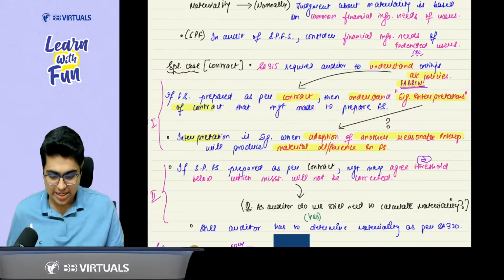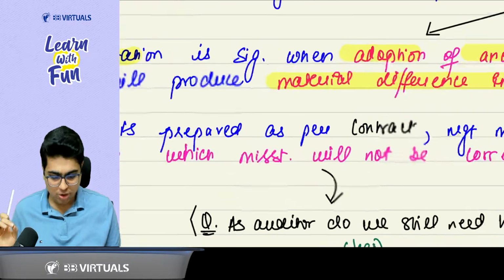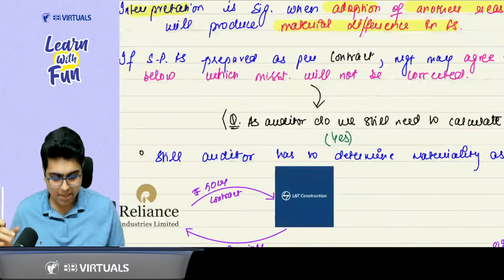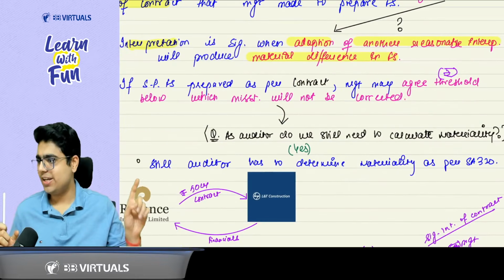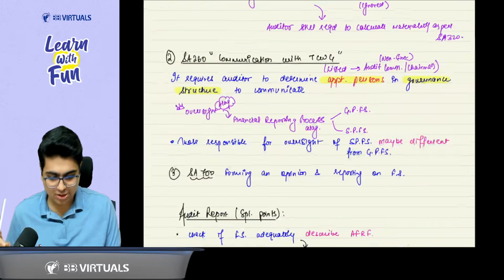Case number 1. Case number 2, if both the entities agree on a threshold below which misstatements will not be corrected, then in that case, you still need to determine materiality. Clear? Clear, sir. Now comes the next case of SA 260.